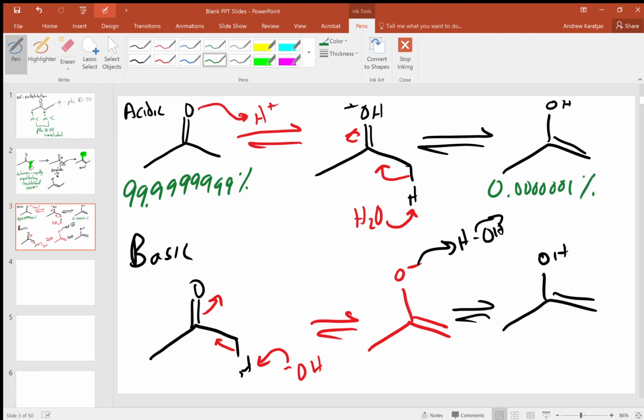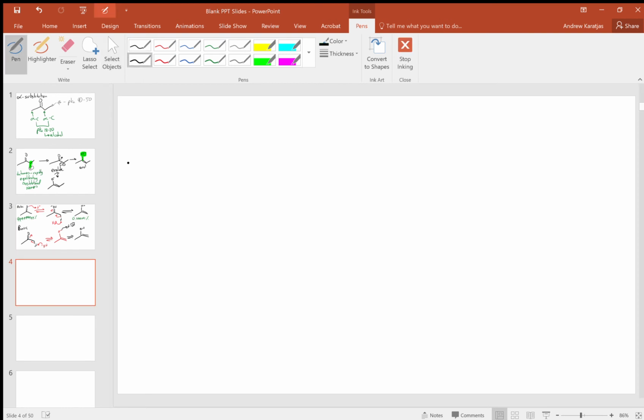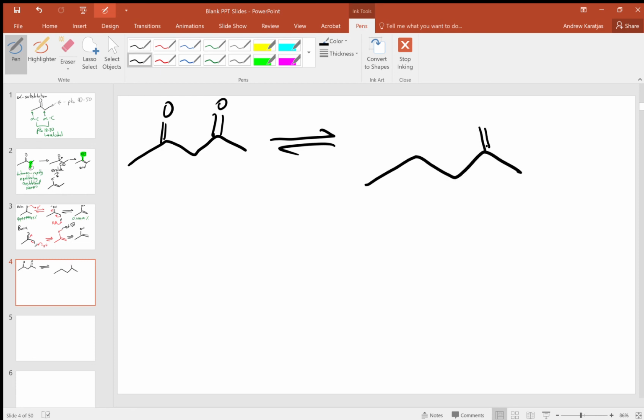But in some special cases, you can have compounds where the enol is favored. Probably the most common situation is if you're dealing with a dicarbonyl. In the case of a dicarbonyl, if you form one of the enols, that OH group can form an internal hydrogen bond with the other carbonyl.